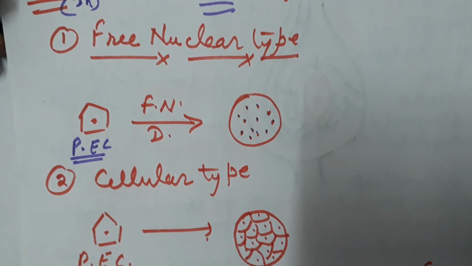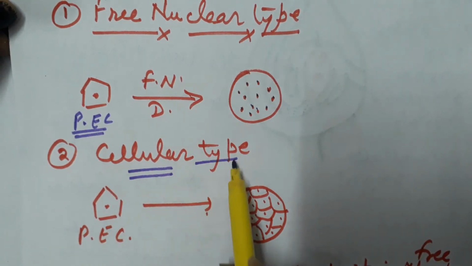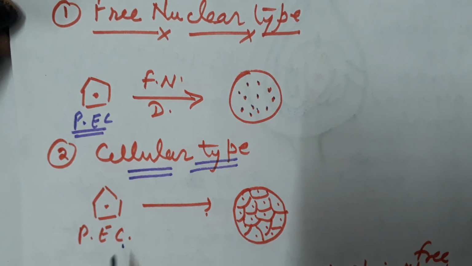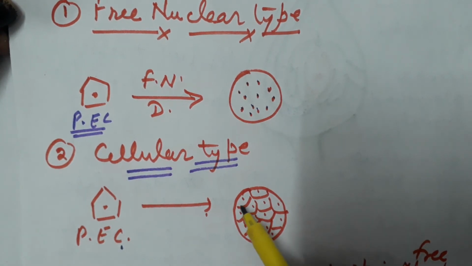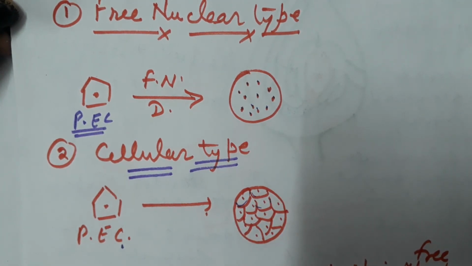Second type of endosperm development is the cellular type. What happens in the case of cellular type? In the primary endosperm cell, every nuclear division is followed by cell wall formation. So cellular type of endosperm development takes place. We can observe this also in the case of coconut.